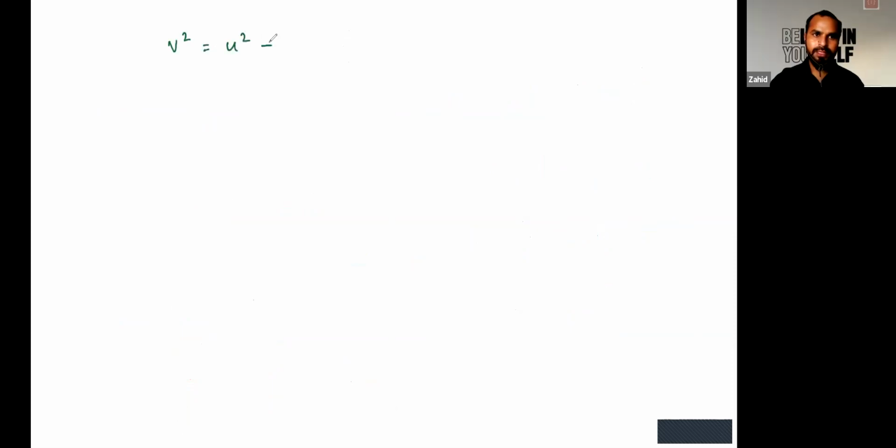Okay. Yes, sir. The third part is v squared is equals to u squared plus 2 times a into s. This is just the velocity displacement relation. So how to deal with this? For defining the relation between velocity and displacement, just take acceleration is equals to dv over dt.